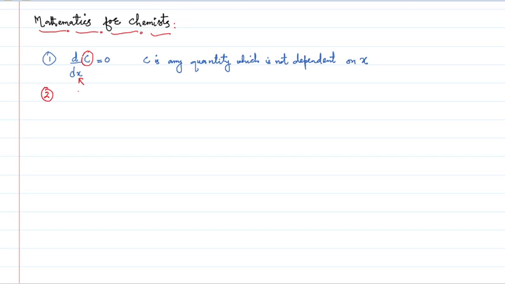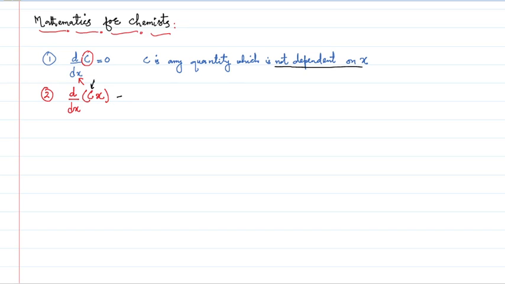Second, if you have d by dx of c into x, here c is simply a constant or a quantity which is not dependent on x.